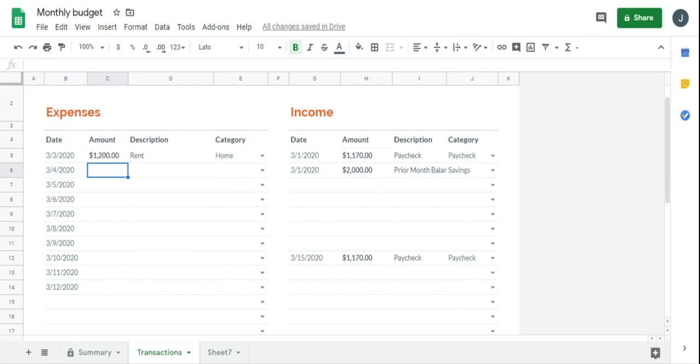And then let's say you spend 80 on groceries, food, grocery, and then let's say that your car payment came out. That's under debt.